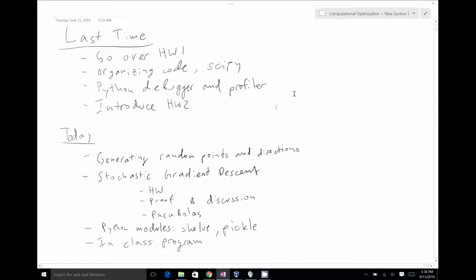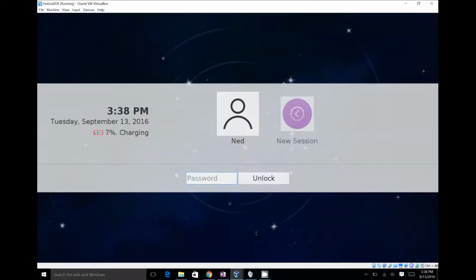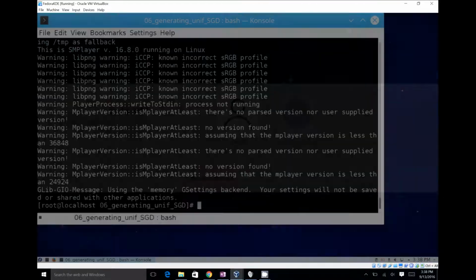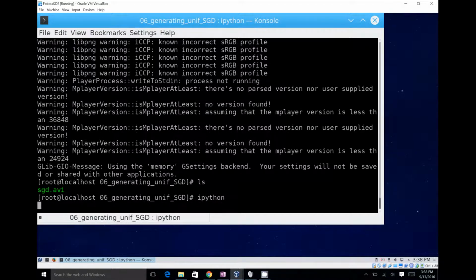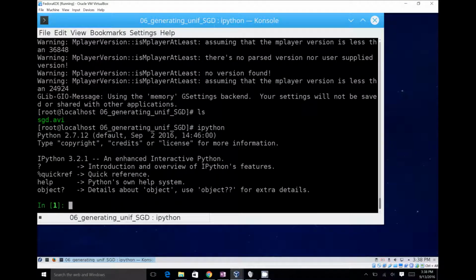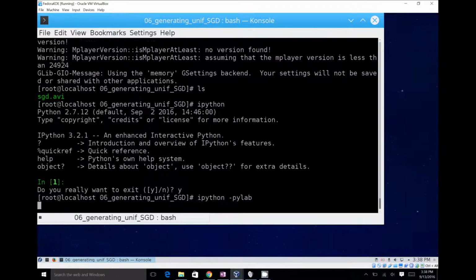Okay, so let's just begin by talking about generating random points and directions. Okay, so I'm just going to open up the interactive IPython interpreter here.